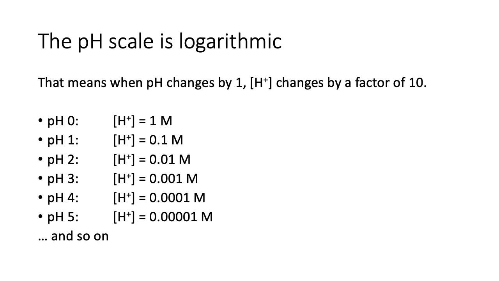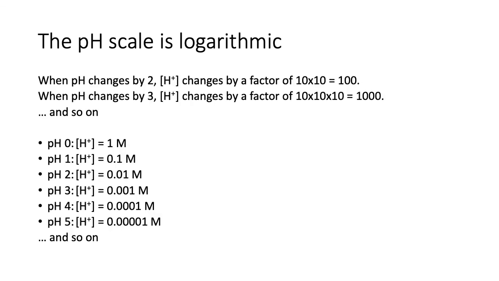If you go up another step, you divide the amount of hydrogen by 10 again, so now you have 1/100th, 0.01, and then another step and you have 1/1000th, and so on. So it changes pretty quickly. And if you go up or down multiple steps, it's times 10 for each step.